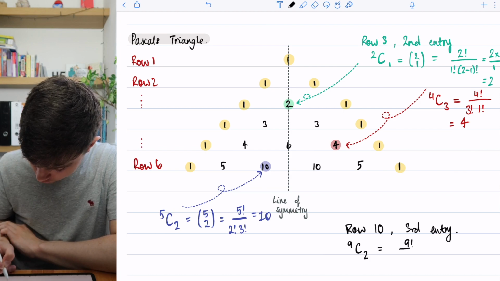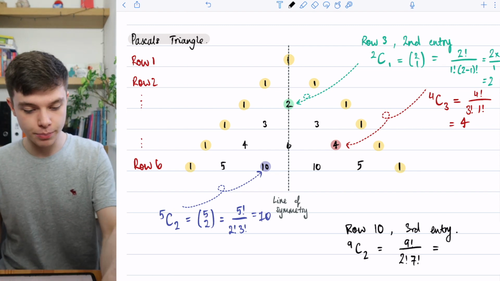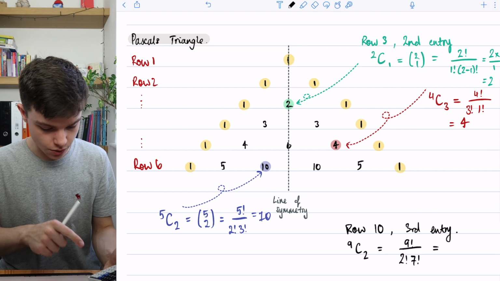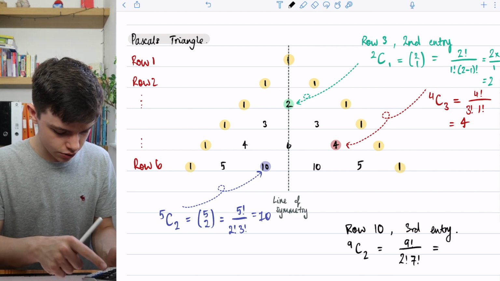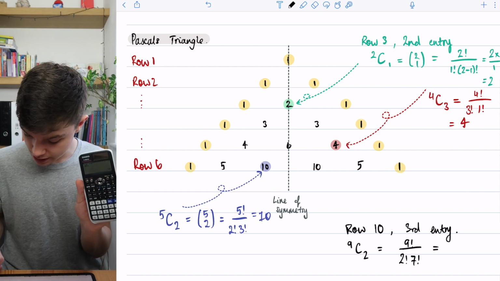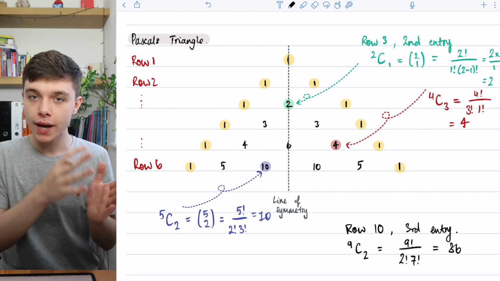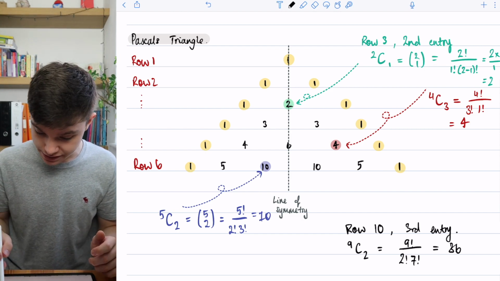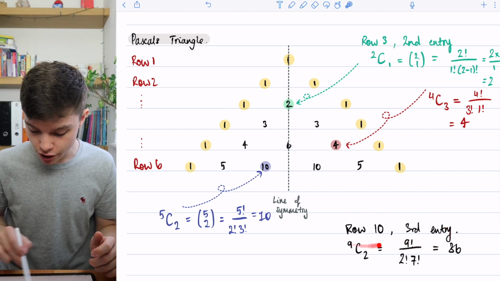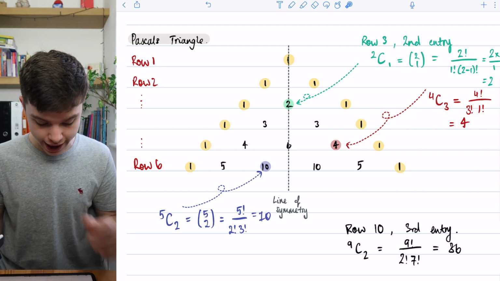That's 9 factorial divided by 2 factorial times 7 factorial. Whatever that is, you could put that in your calculator if you wanted to. 9 choose 2 is 36. So 36 is the 3rd entry in row 10 of Pascal's triangle. Okay, that's how we can work out Pascal's triangle there.